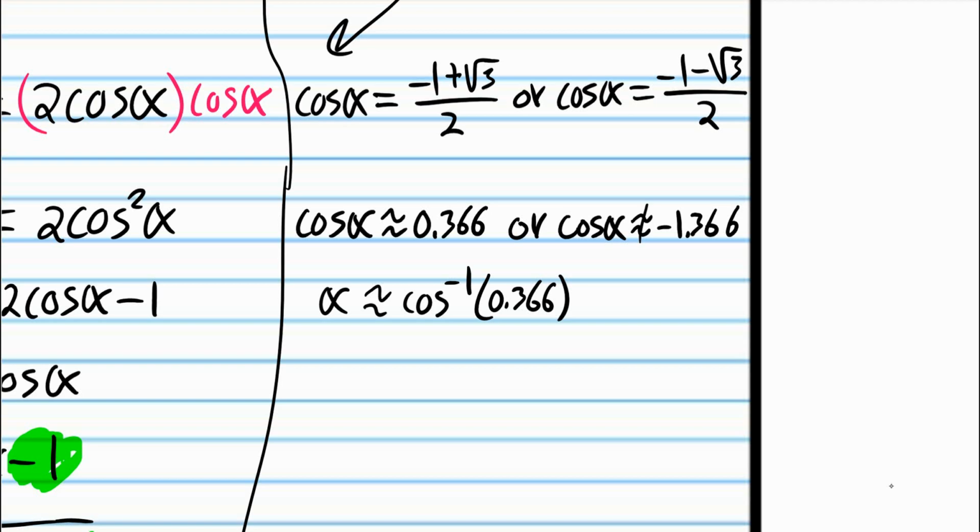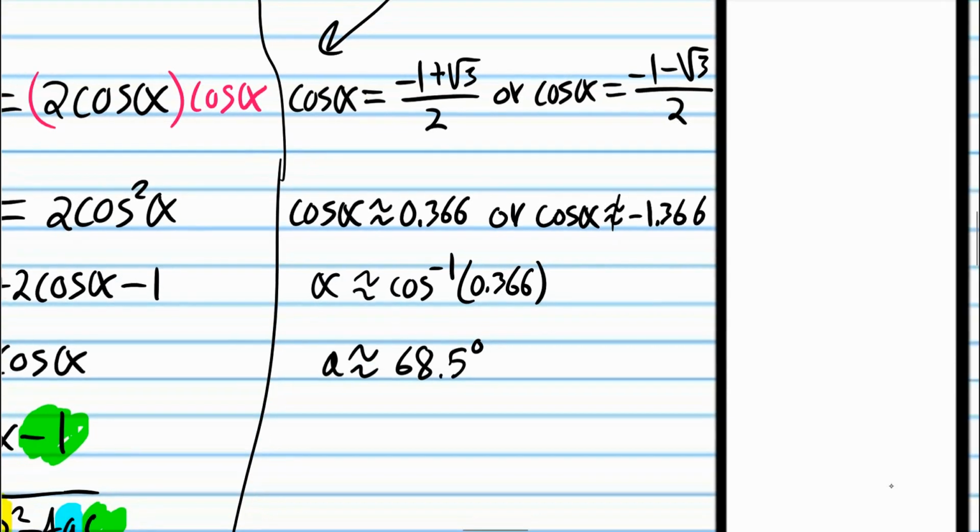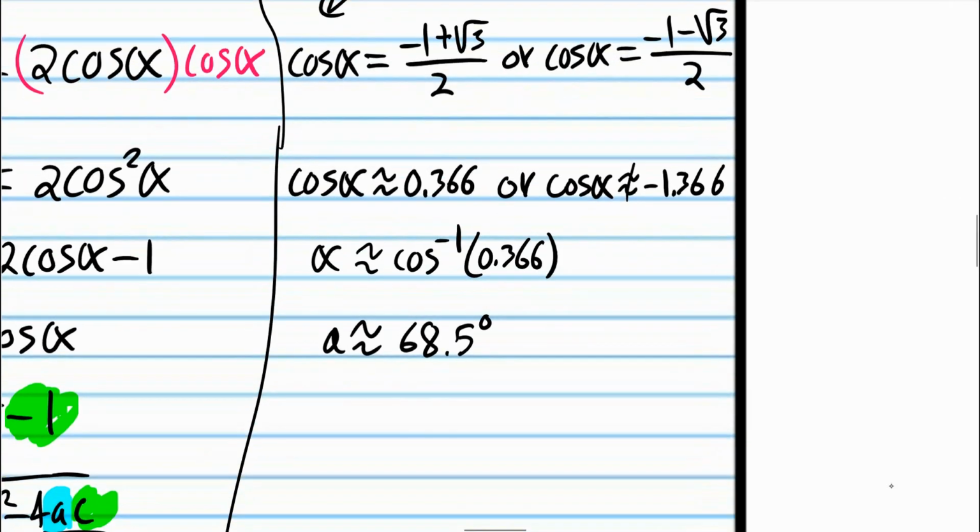I can push the blue second button and then cosine inverse, and then I can push the blue second button at the bottom right, push the answer button, the negative 1 button in parentheses. That's the answer button, and I can put that right into the function and press enter. Again, you can do it however you want to, but that's the fastest way to do it on a TI-84 Plus, the most popular graphing calculator out there. So we get 68.5 degrees approximately.